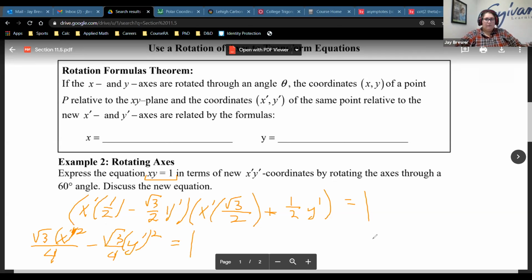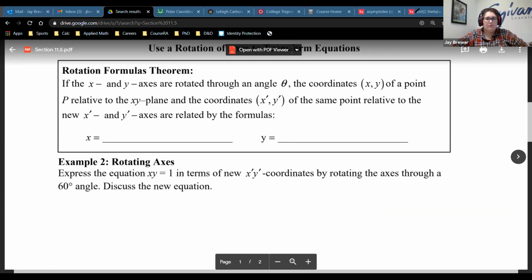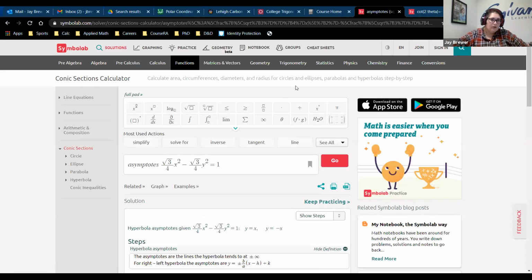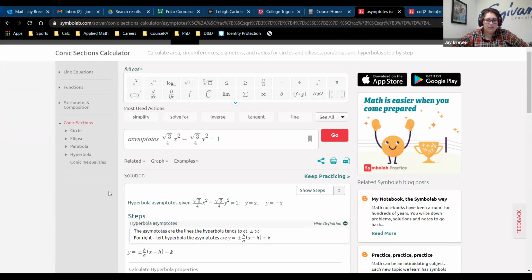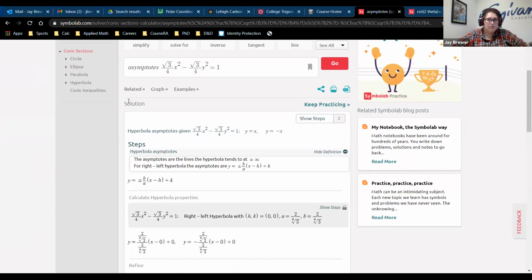Okay, so if we want to discuss the new equation, which we have right here, does everybody have everything? Hopefully. I went over to Symbolab. Can you guys see this? I'm assuming it's sharing.